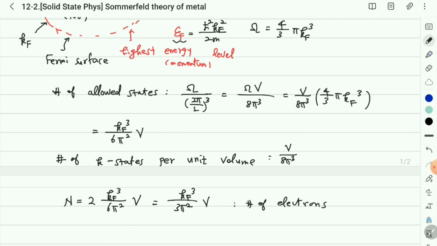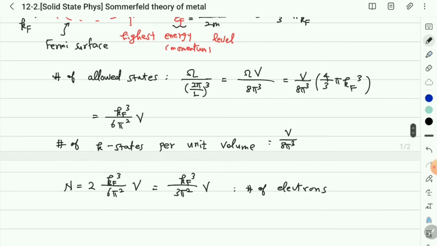At the Fermi surface, the carrier density n over V is kF cubed over 3π². It is the carrier density.